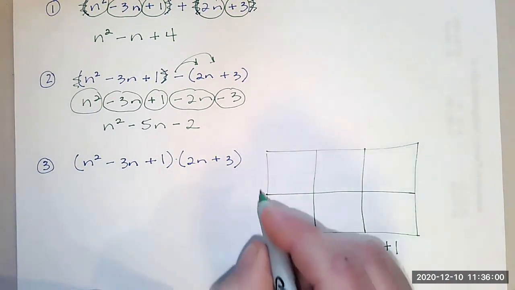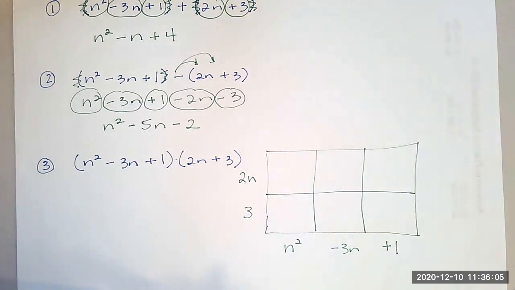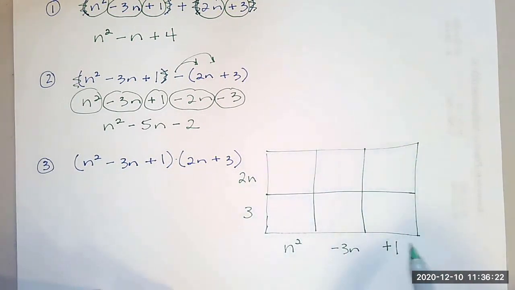My rows will be defined as 2n and a positive 3. So the area of this rectangle, which is base times height or length times width, if you recall from middle school, we use the base and height now for high school. It's just the same as the sum of the parts. So the total area is the same as the sum, the addition of all the parts.